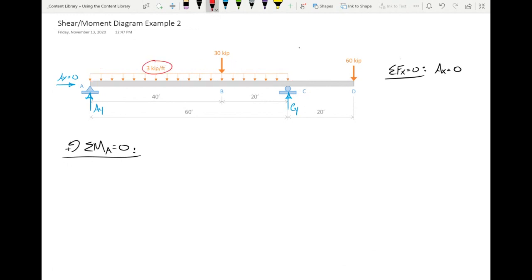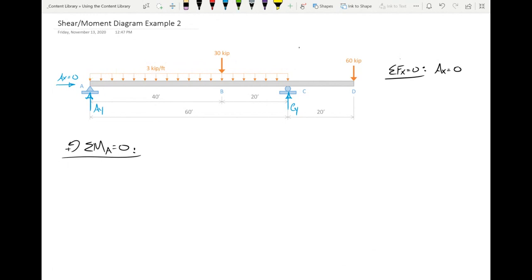Well, it's 3 kips per foot. What that means is that every foot, that is 3 kips, 3,000 pounds. So if this was a foot, that would be 3 kips. And this would be another 3 kips, and another 3 kips, and another 3 kips.